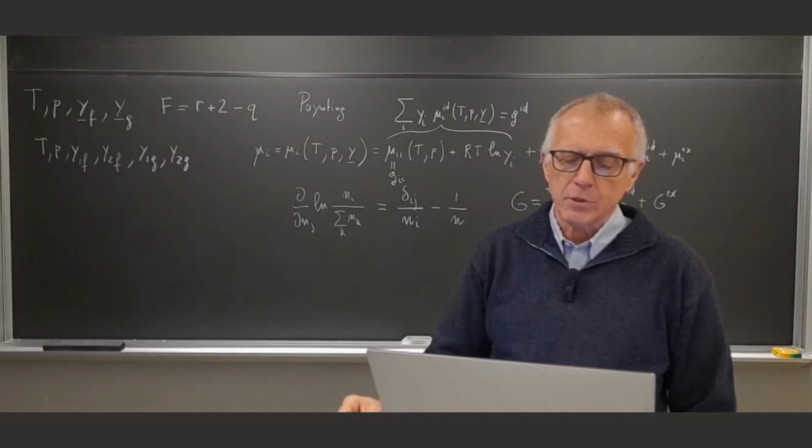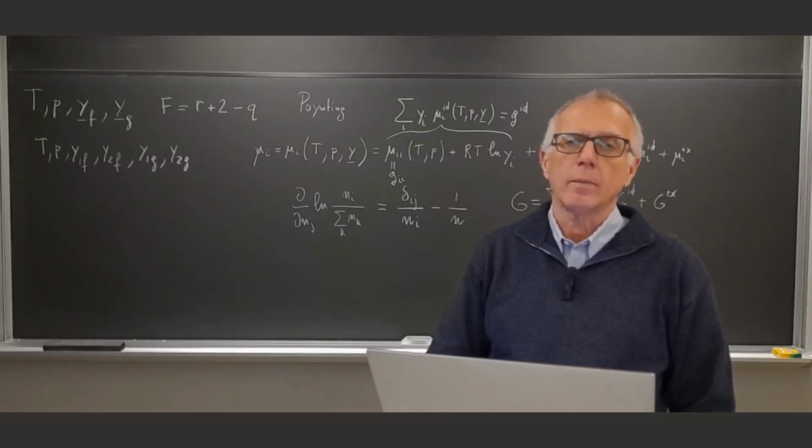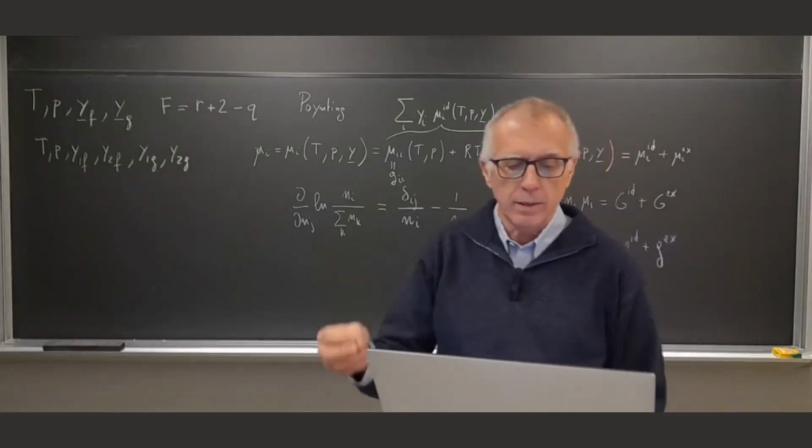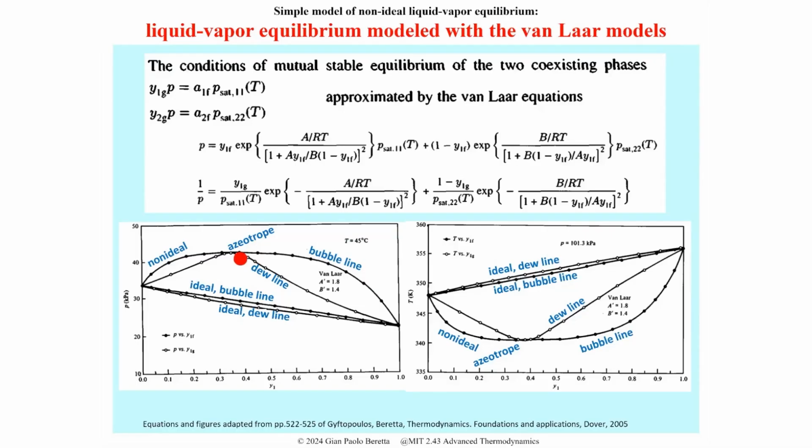So it behaves as if it were a pure substance, like a pure substance boils and condenses at the same unique temperature. But this occurs only at that particular composition. At other compositions, instead, you have a range of temperatures. So the temperature of the liquidus is different than of the vaporous. Okay.